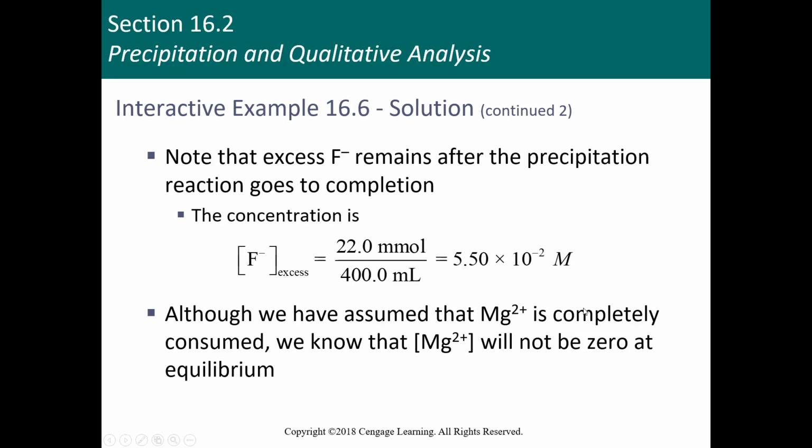So we have assumed right now that the Mg2 plus would be completely consumed, but we know that this Mg2 plus won't be 0 at equilibrium. What we're doing is we're setting ourselves up to do a solubility equilibrium problem, just like we did in the previous example, where we start with none of the Mg2 plus, and then we see how much dissolves. We just are going to start with some initial concentration of F minus, right?